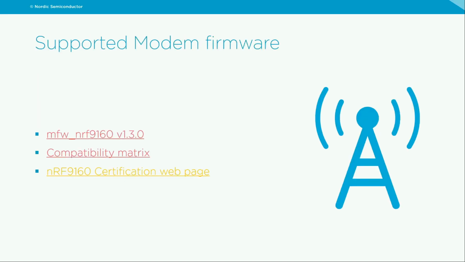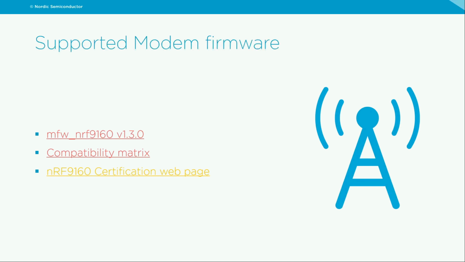Then the supported modem firmware version is now 1.3.0. I have added a link here to where to download this version of the modem firmware, and you can also find detailed release notes inside the zip folder.